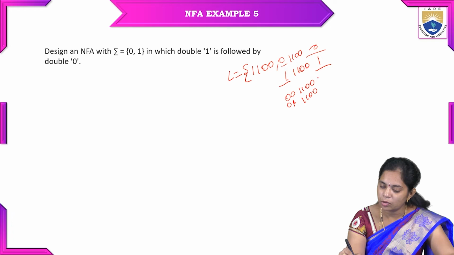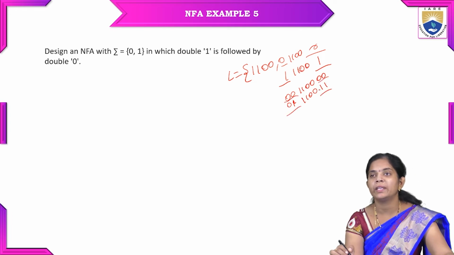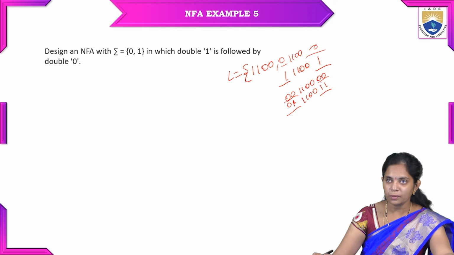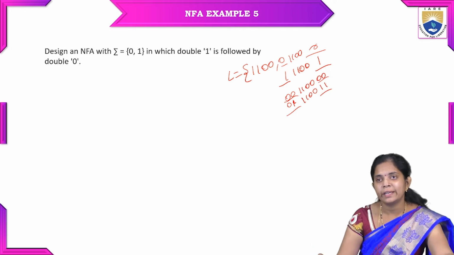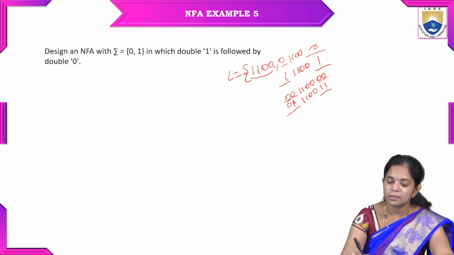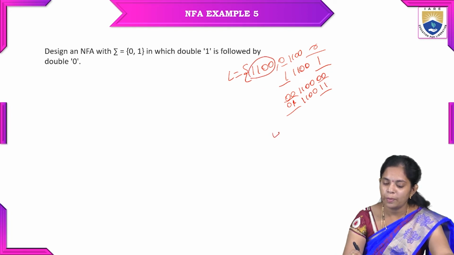We can also use multiple zeros and multiple ones at the start and end. The condition is that double ones are followed by double zeros. So for this kind of language, we require 5 states. The minimum length is 4, so 4 plus 1 is 5. Five states are required for this one.